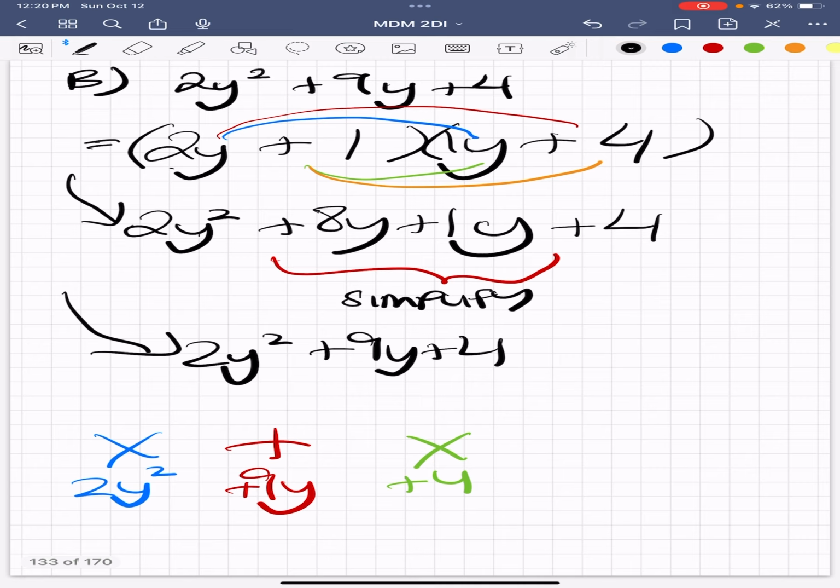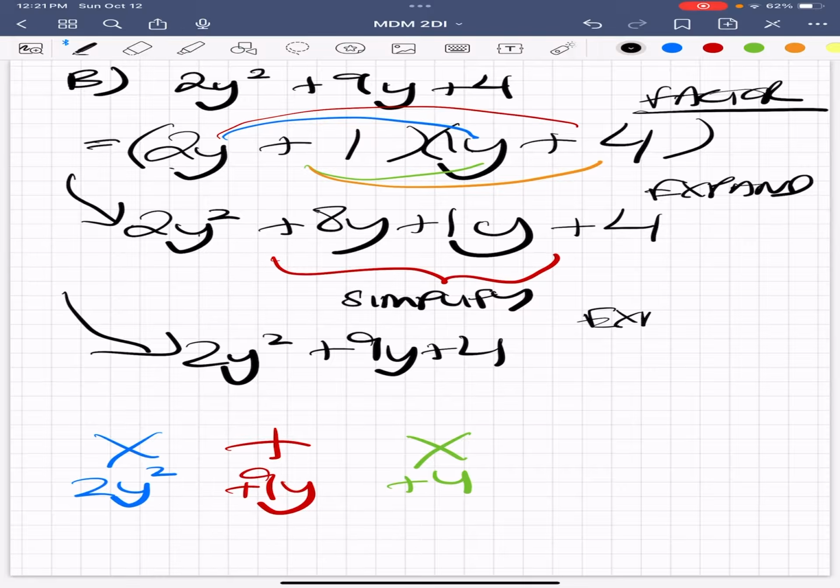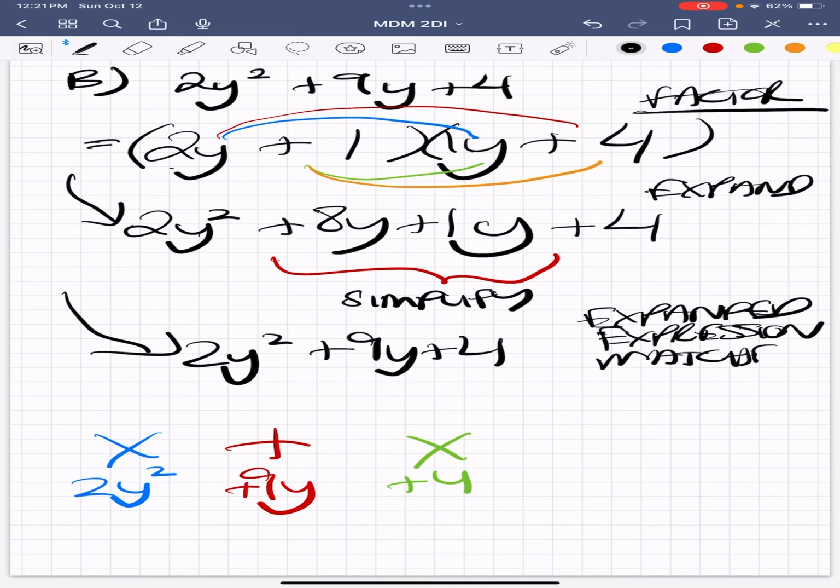So we factor and then we expand out, and the expanded expression matches the original question given.